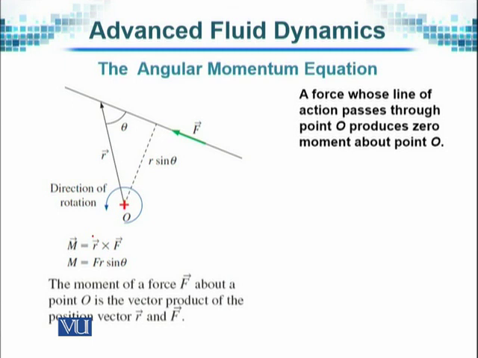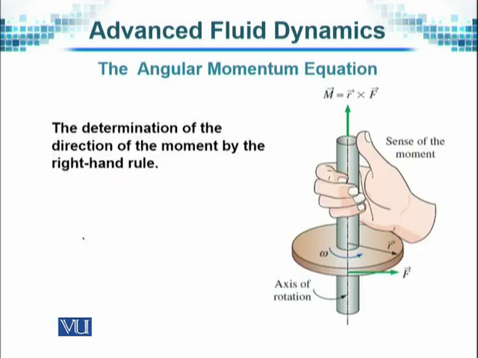Similarly, the moment of a force F about this point O is the vector product of r and F, that is M is equal to r cross F, and its direction, as I said, is determined by the right hand thumb rule.